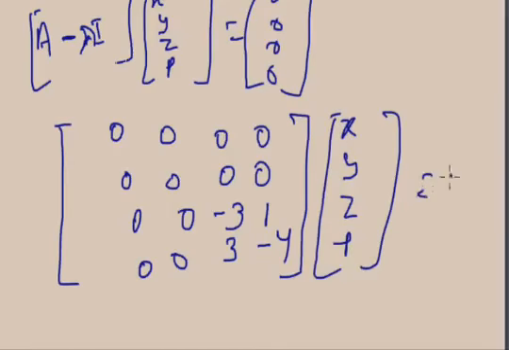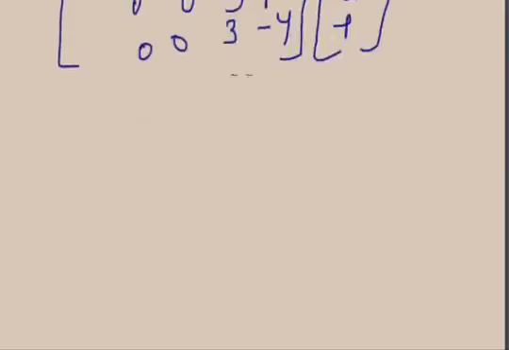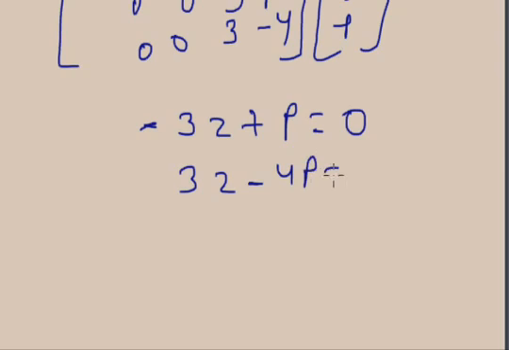From the third row, this will get no solution, and for this 0 0 3 1, make it vertical and multiply each element. What I will get is minus 3z plus p is equal to 0, and for this, 3z minus 4p is equal to 0.